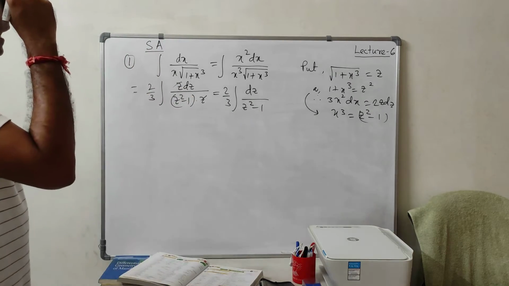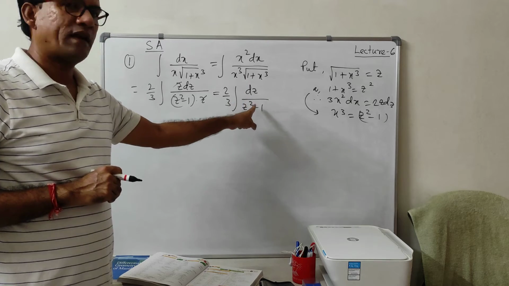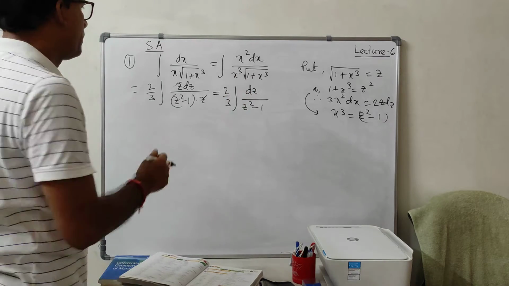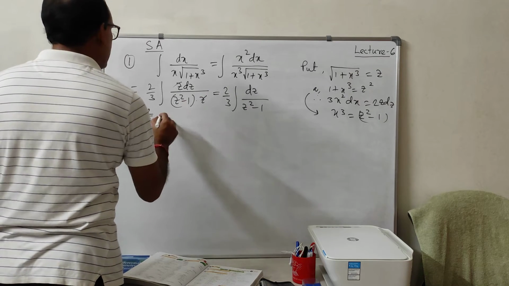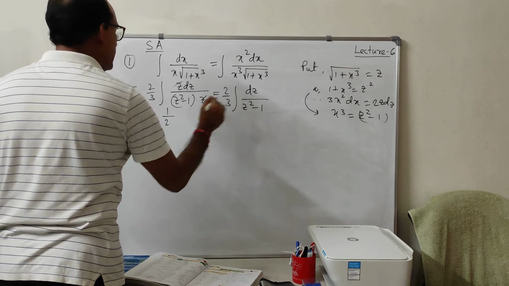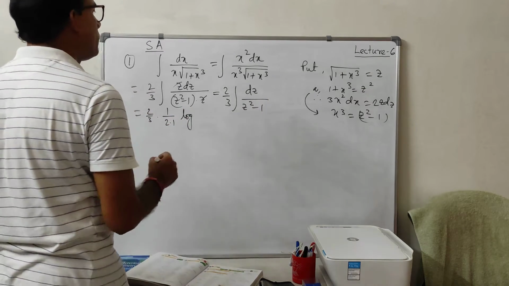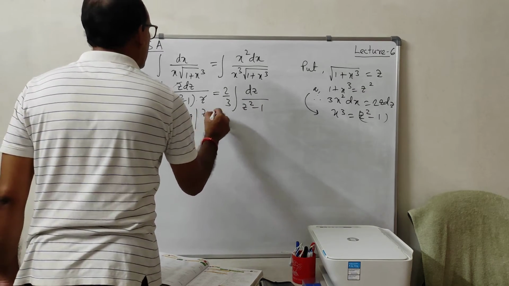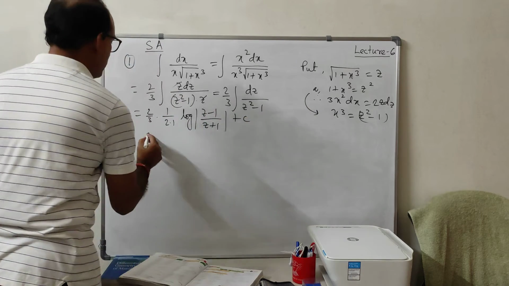And this integral is exactly in a standard integral form, which we know well: 1 by 2a, here a is 1, log mod z minus 1 by z plus 1 plus c, constant of integration.